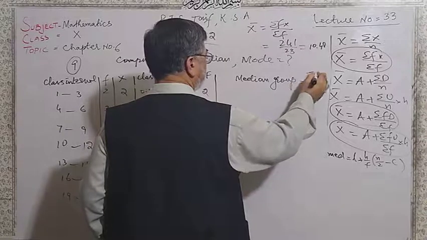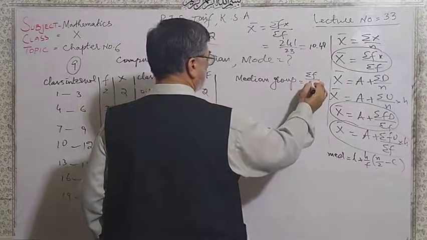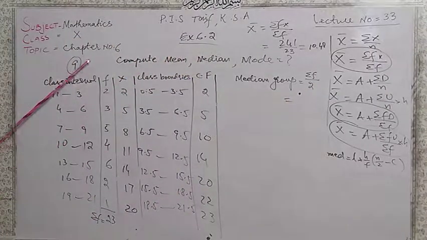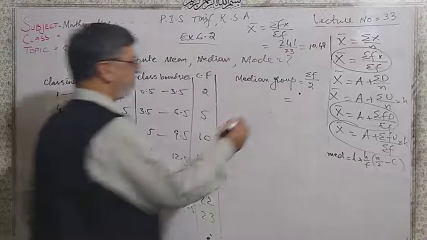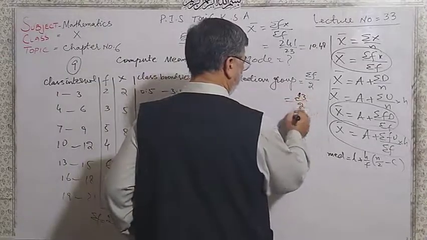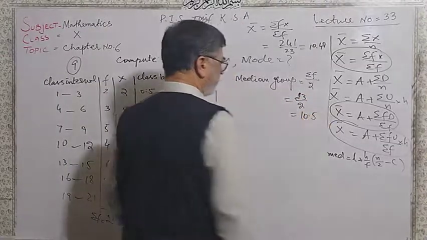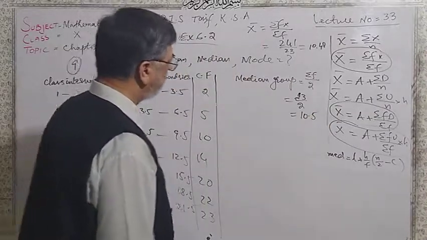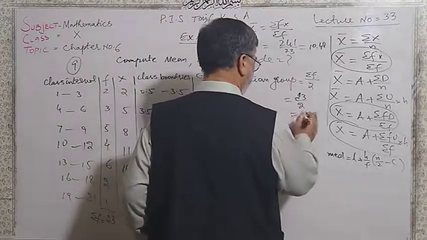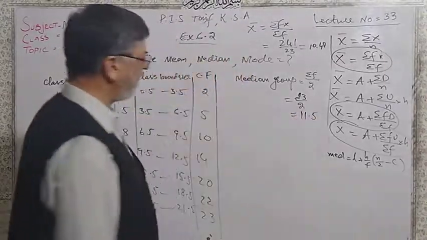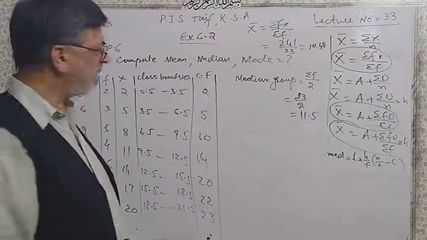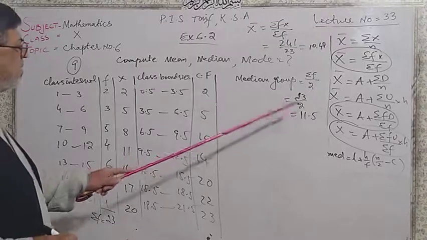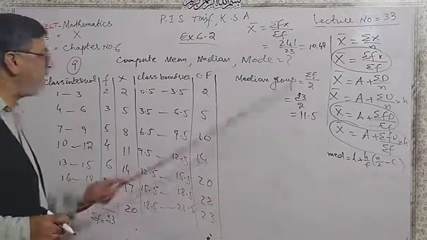We have to check the median group. That will be sigma f over 2. What is sigma f? Sigma f is 23. 23 over 2 is, no, this will be 11.5. Dear students, this 11.5 number, where is it situated?